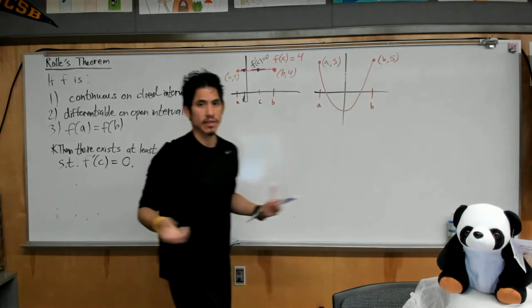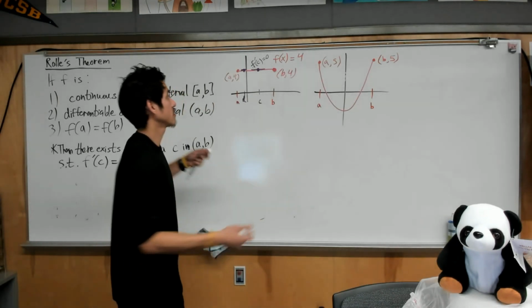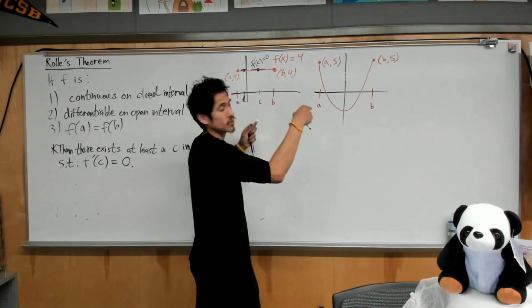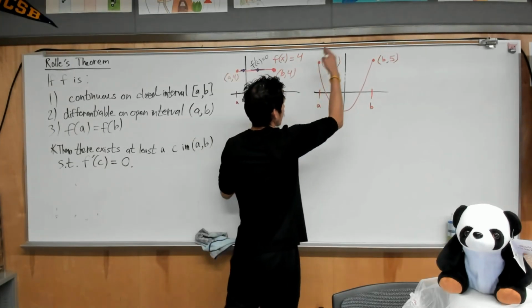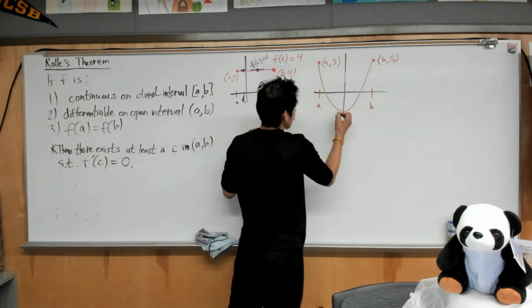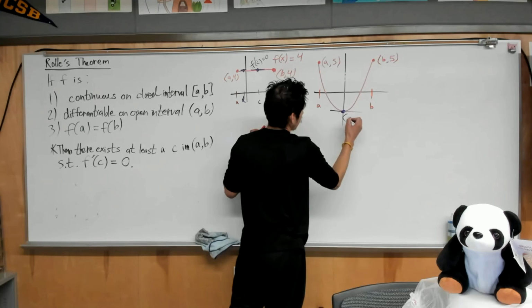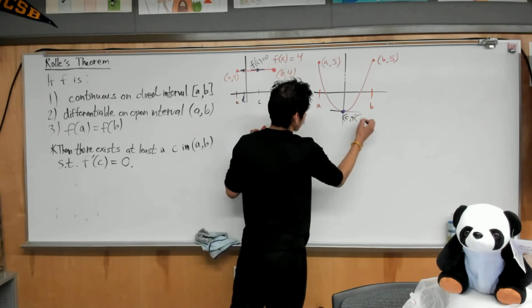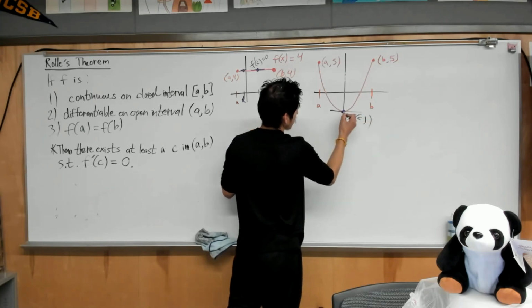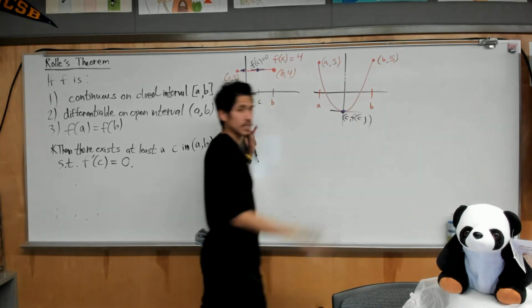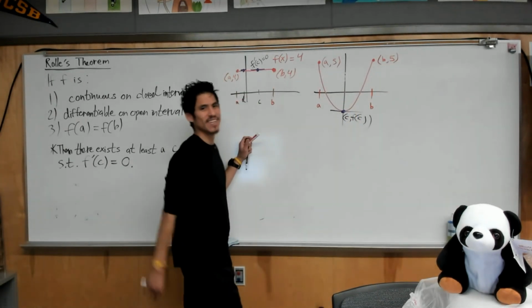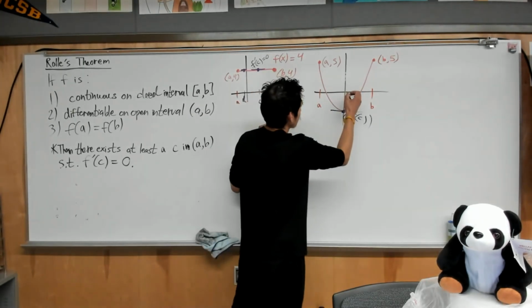And then what is this saying? Again, that there's some horizontal tangent line that you can draw between this point and this point. And it would probably be right over here. This is f, this is C, f of C. At this point, f prime of C is horizontal. I need to wake up.